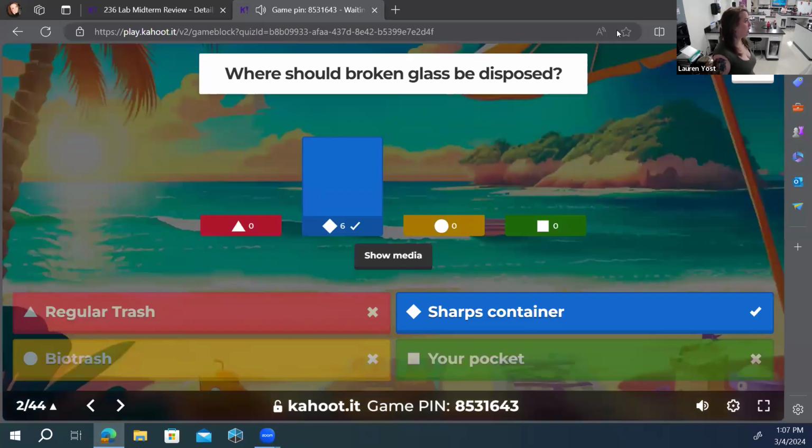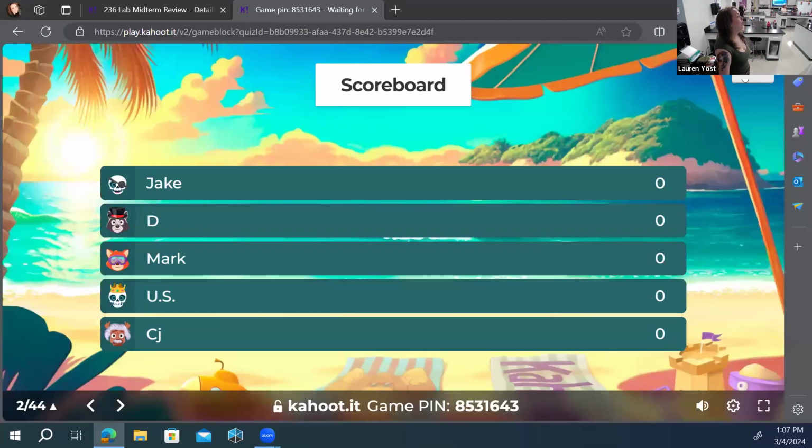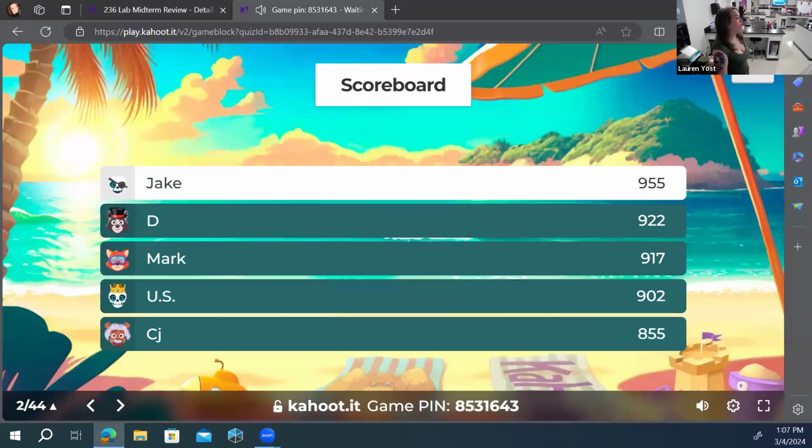Of course, sharps container. And keep in mind, even if it is contaminated glass and it has bacteria on it, technically sharps container is also a bio container.